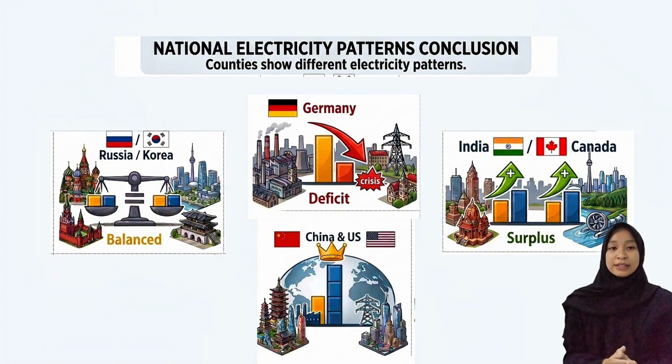Furthermore, India and Canada record electricity production surplus since both countries produce more electricity than they consume. Finally, China and United States dominate electricity production and consumption due to their large economies, industrial sectors, and high energy demands. Therefore, the data reflect global differences in economic development, industrial activities, electricity management systems, and national energy demands.